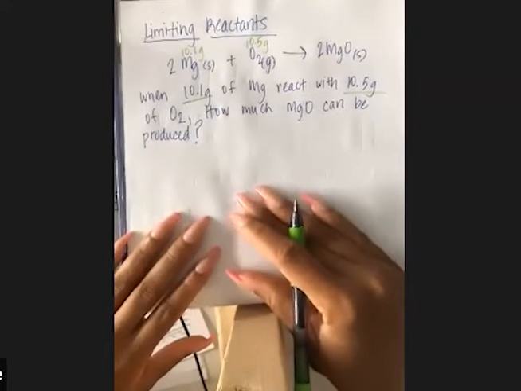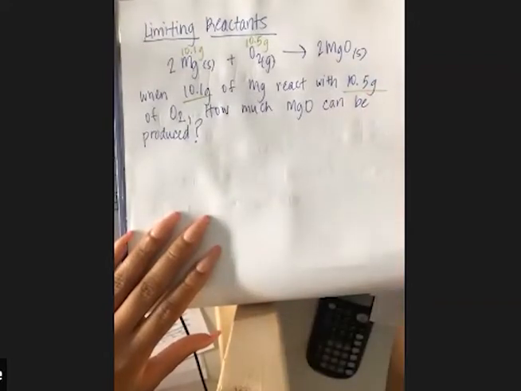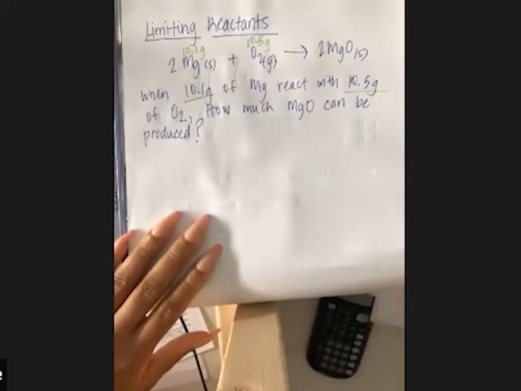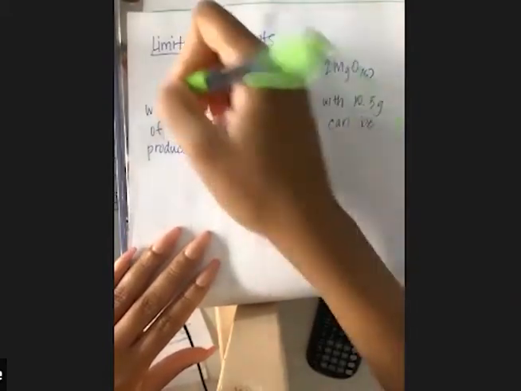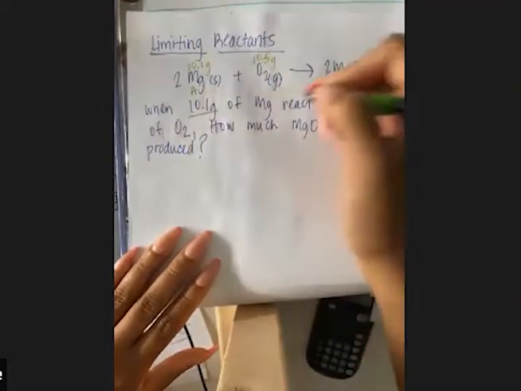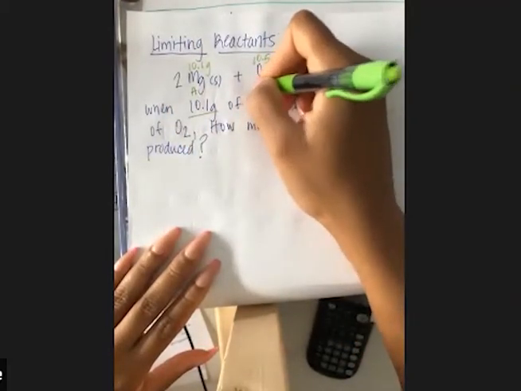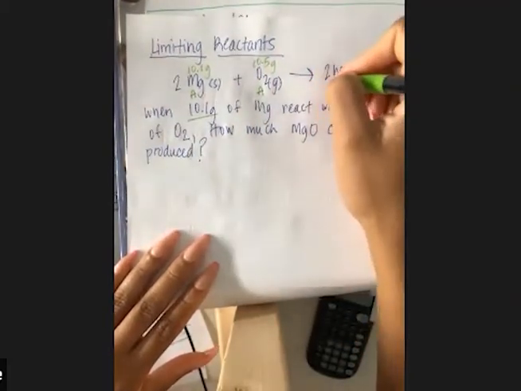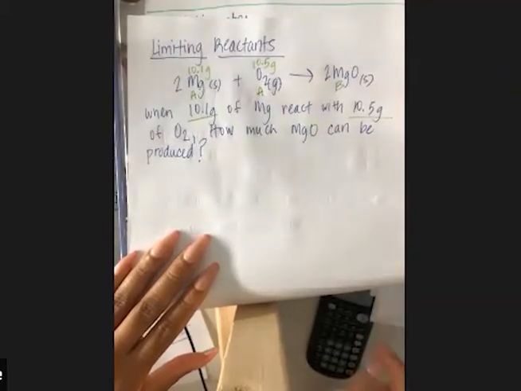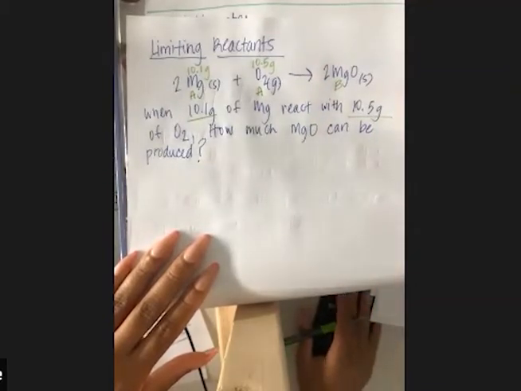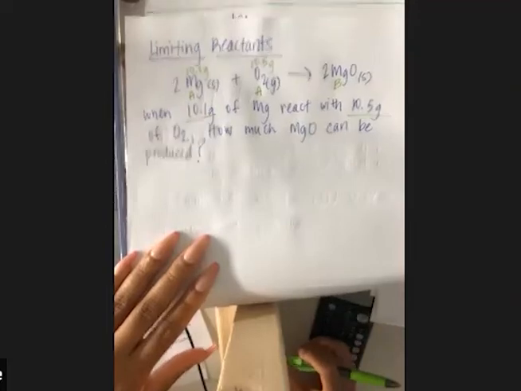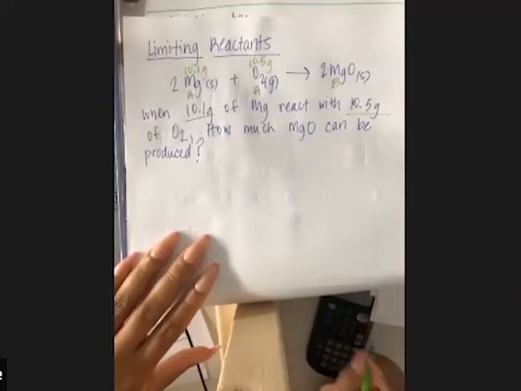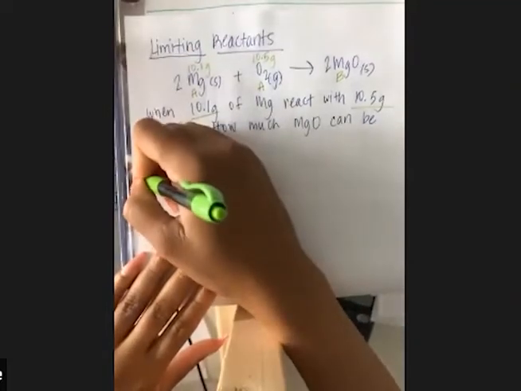So what we have to do is go through our steps and figure out which one's going to produce the least amount of B. And in this case, for one calculation this is A, for the other calculation this is A, and for both calculations, this is B. So you guys following me so far? Yes. Okay.